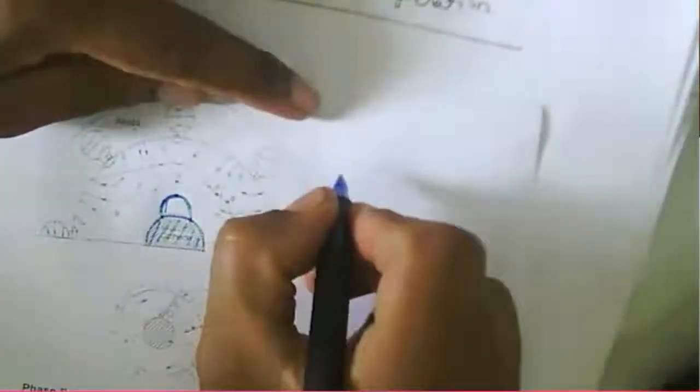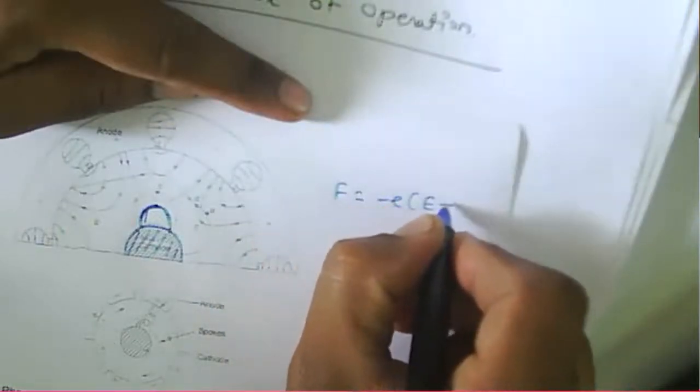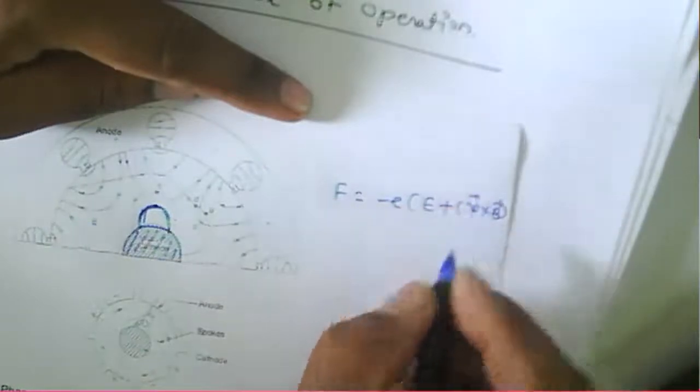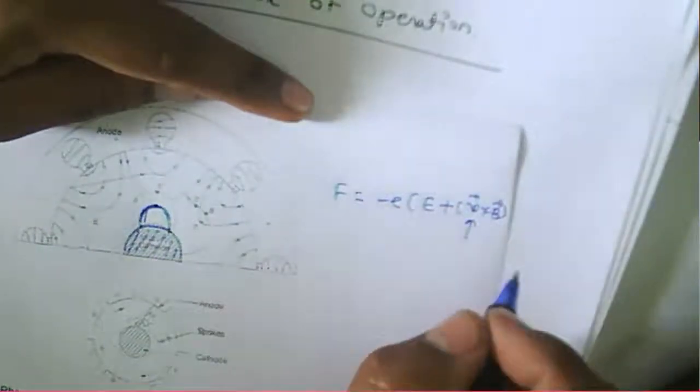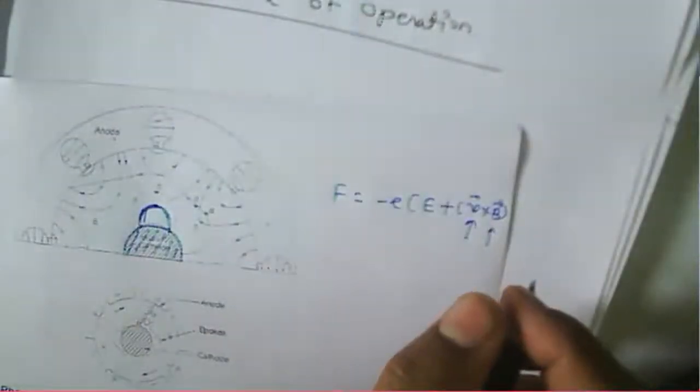So the total force on the electron is F = -e(E + v × B), where v is the velocity of the electron and B is the magnetic field.